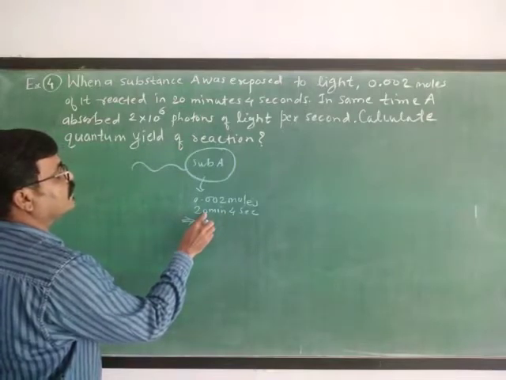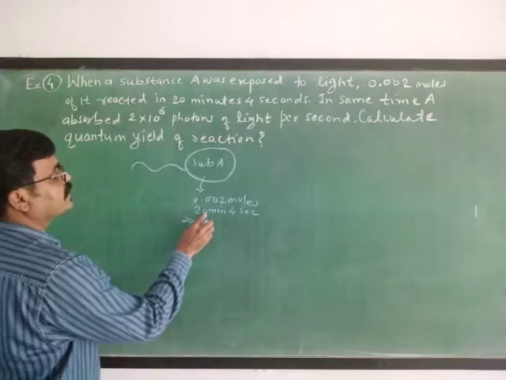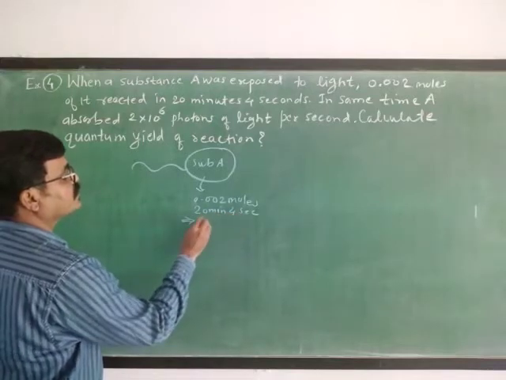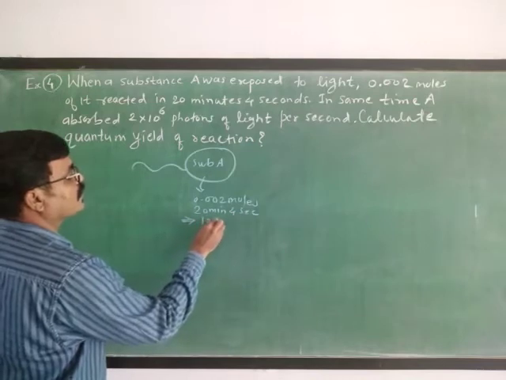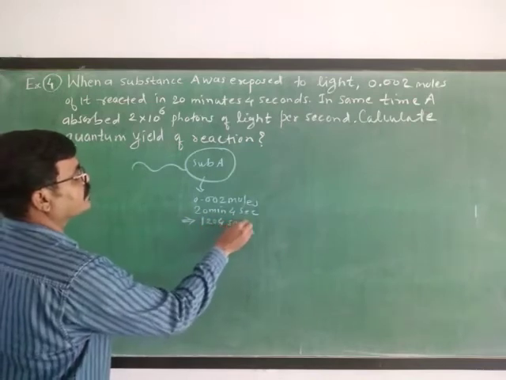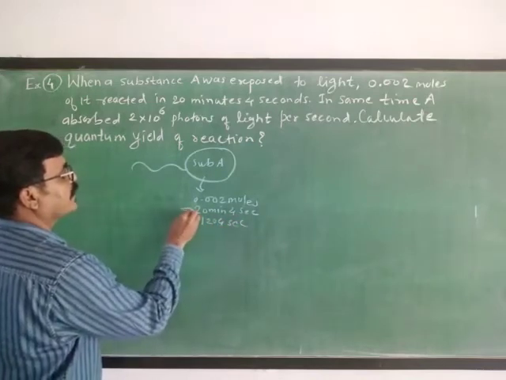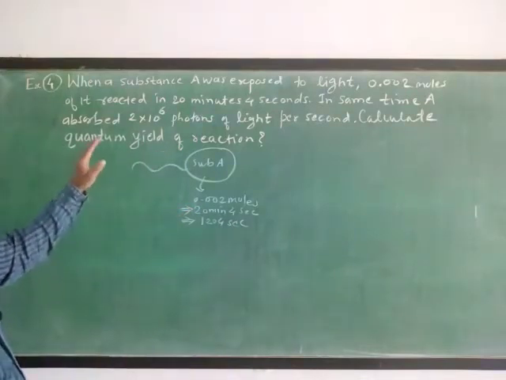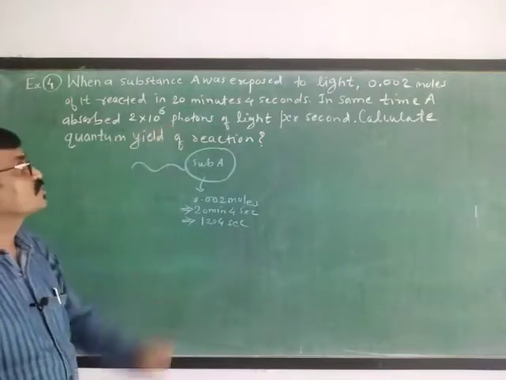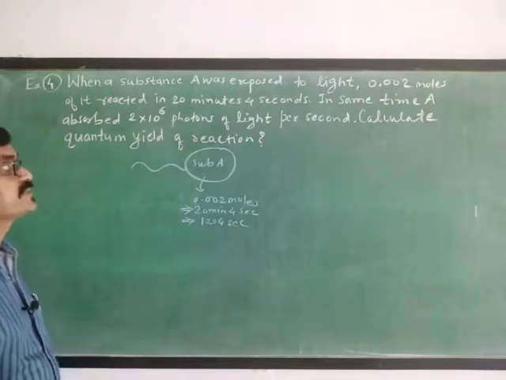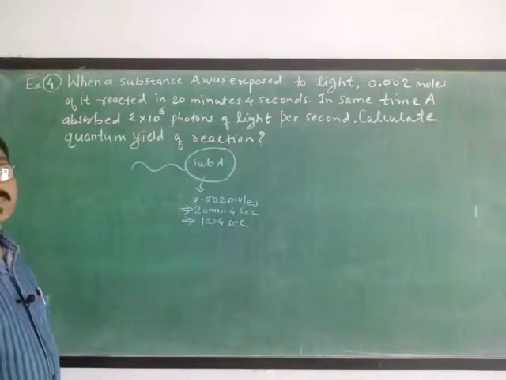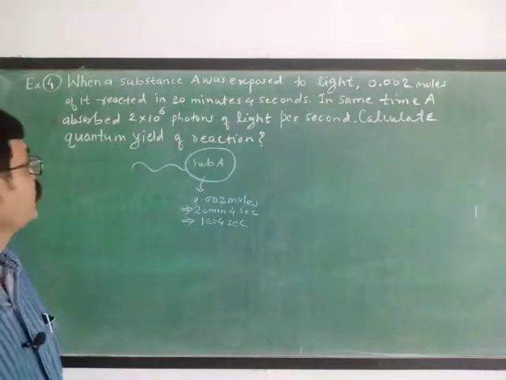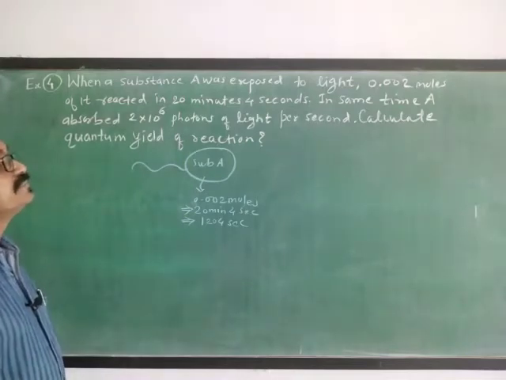It will be 1200 seconds, then 4 seconds means 1204 seconds. Are you getting? समझ में आया? Now in the same time A absorbs so many photons, 2 into 10 raised to power 6 per second. Now calculate the quantum yield.